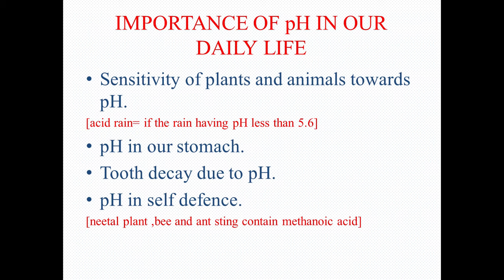So in digestion in our stomach, pH plays a very great role. Gastric HCl, which has a pH of 1.3, lies in our stomach and carries out partial digestion of food materials.